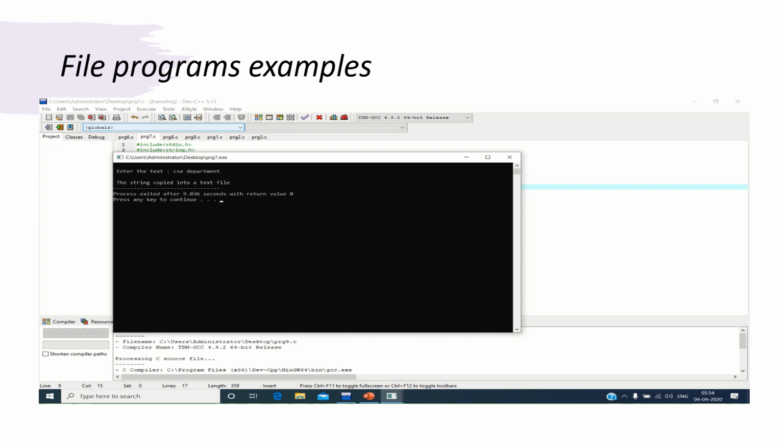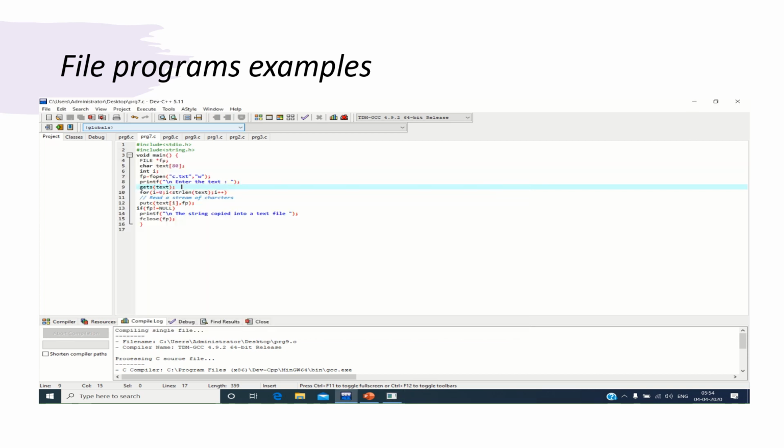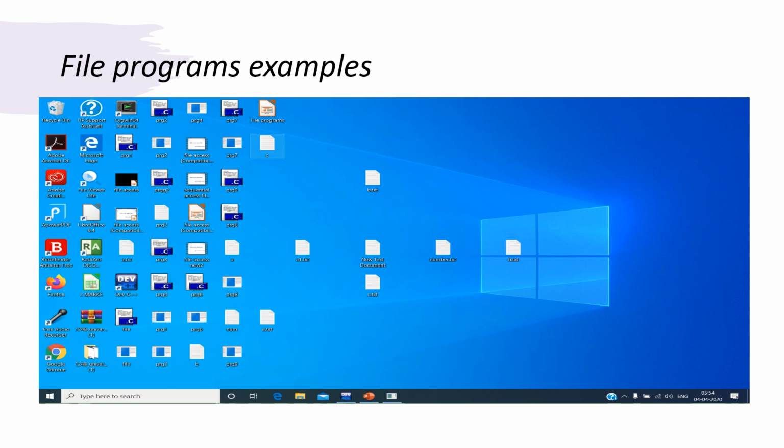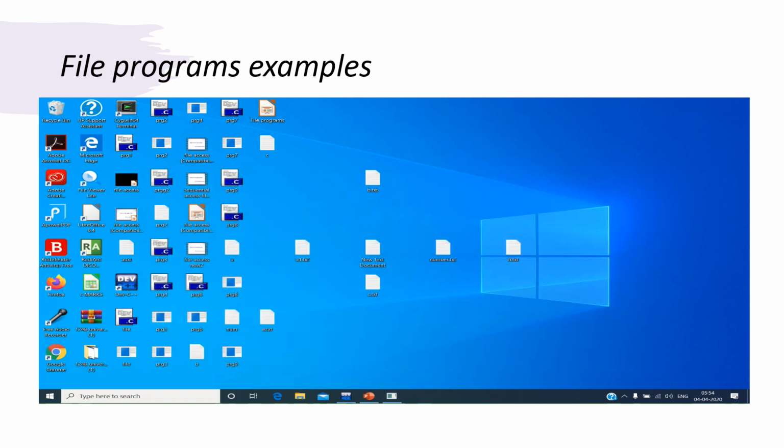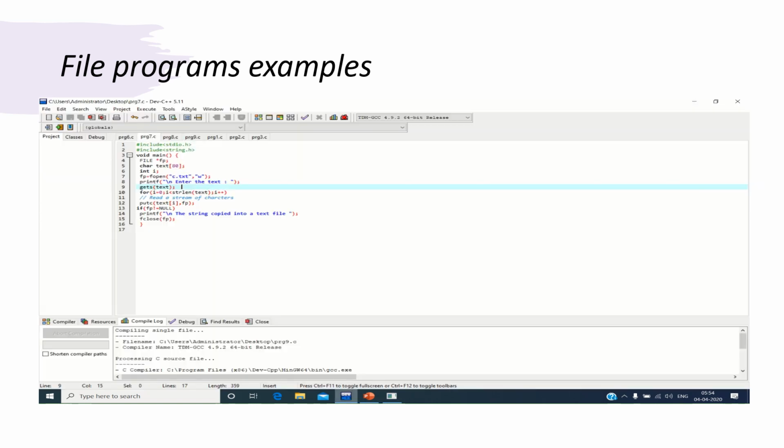CSC department. So it is copied into the text file. What is the text file name? It is c.txt. You have the content CSC department in the c.txt text file. This is the program where you are reading a line from your keyboard and writing it into your c.txt text file.